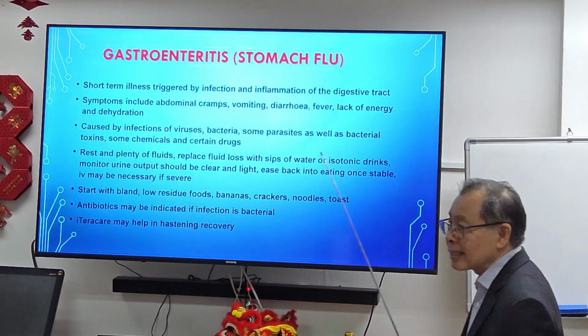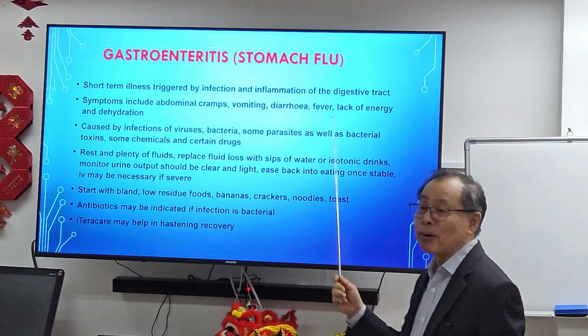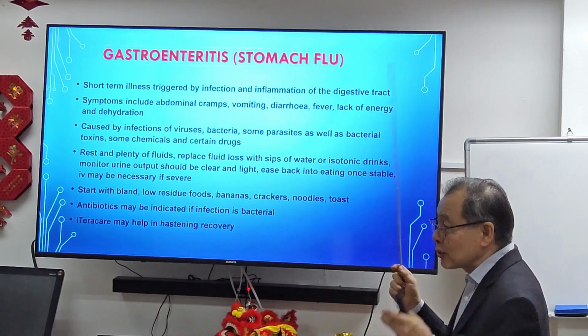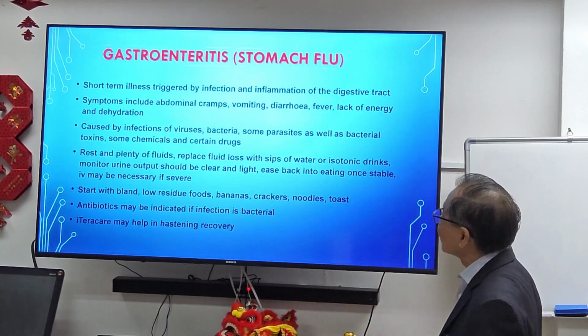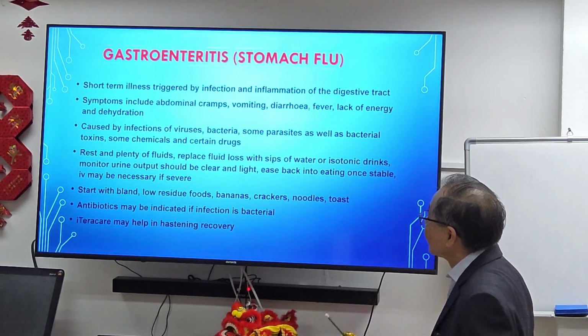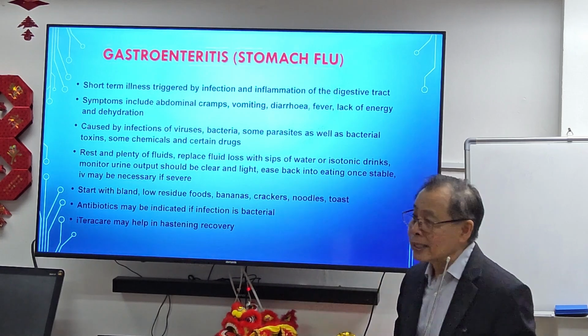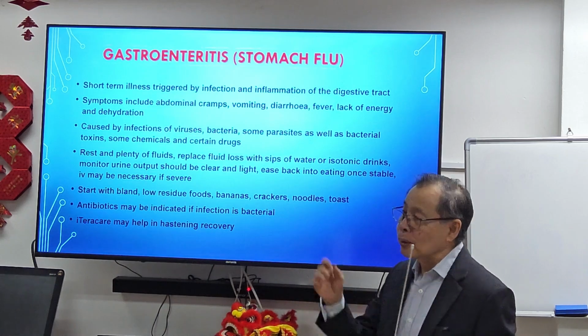Next we cover something called gastric flu or gastroenteritis or food poisoning. Very common. They are usually short-term illness triggered by infection and inflammation. Okay. And they're usually caused by viruses or bacteria. Some parasites can cause it. And you must understand that the commonest cause is something called E. coli.